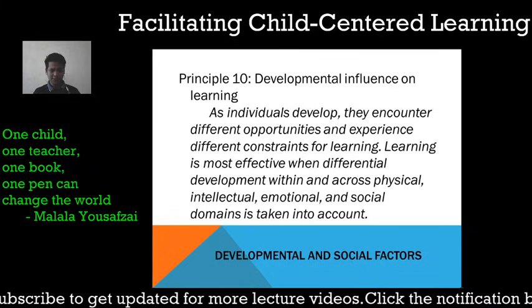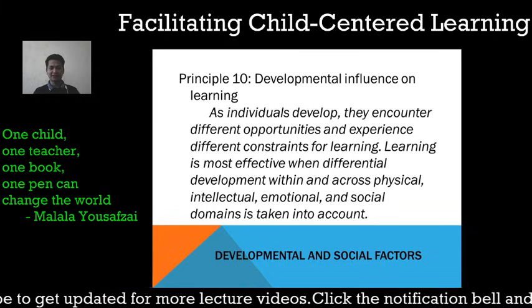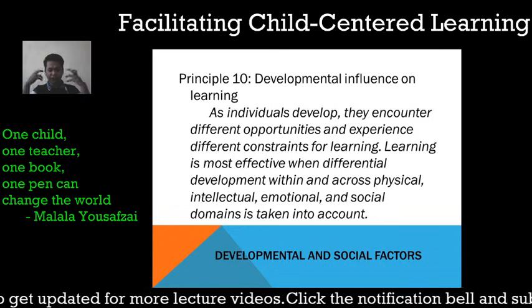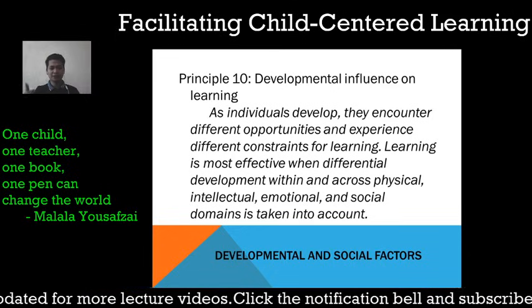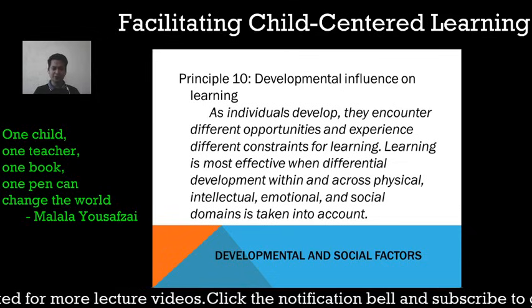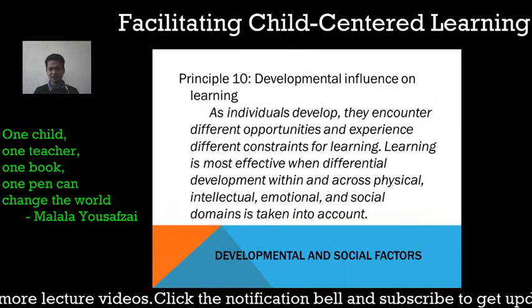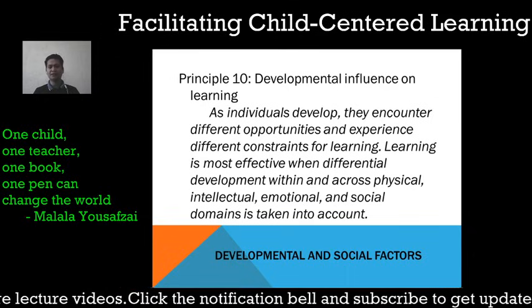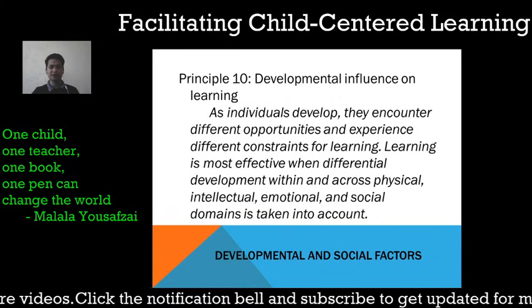In other words, there must be a holistic learning, okay? Not only cognitive level or cognitive aspect. So learning must be holistic, meaning learners must enhance physical aspect or intellectual aspect, emotional aspects, and social domains. All right, so developmental influence on learning.